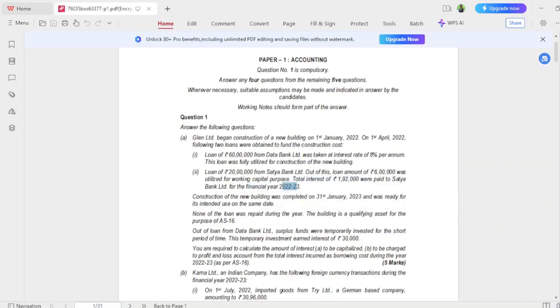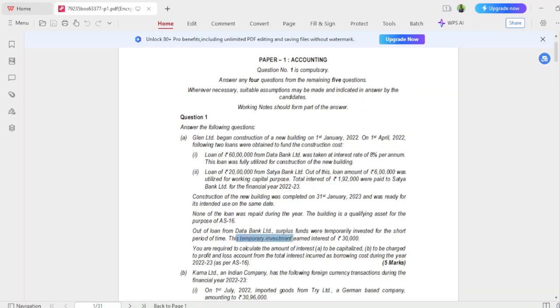Construction of the new building was completed on 31st January 2023 and was ready for its intended use on the same day. None of the loan was repaid during the year. The building is a qualifying asset for the purpose of AS16. Out of the loan from Data Bank Limited, surplus funds were temporarily invested for a short period of time.